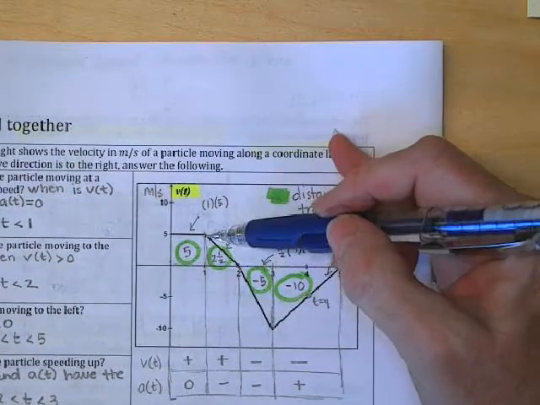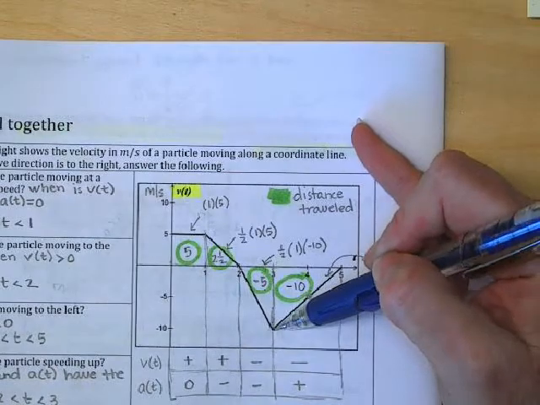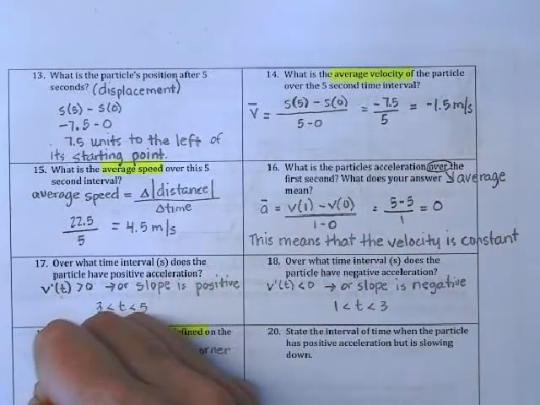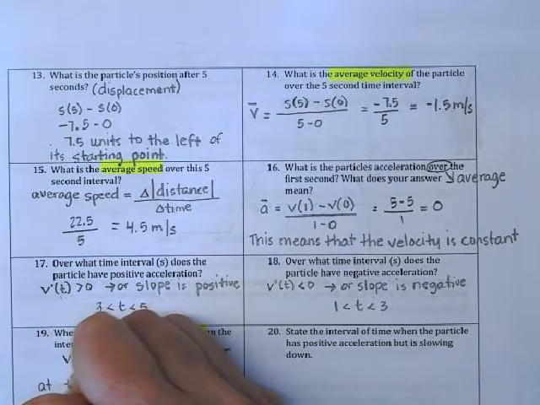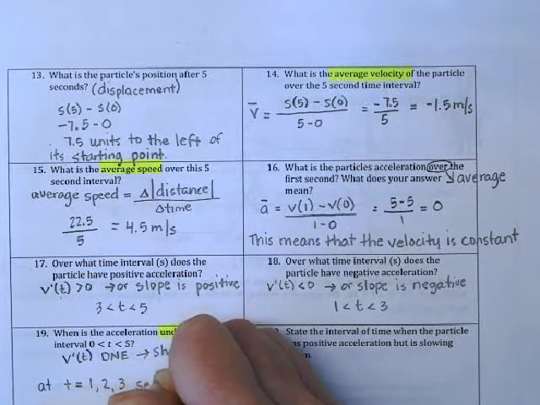We see there are some sharp corners here, like here, and looks like here. Those sharp corners are going to be at t equals 1, 2, and 3 seconds.